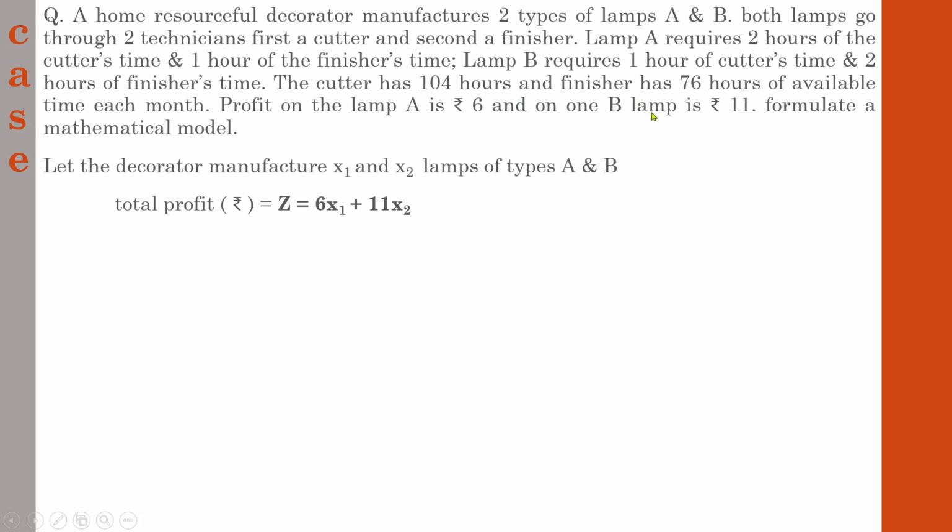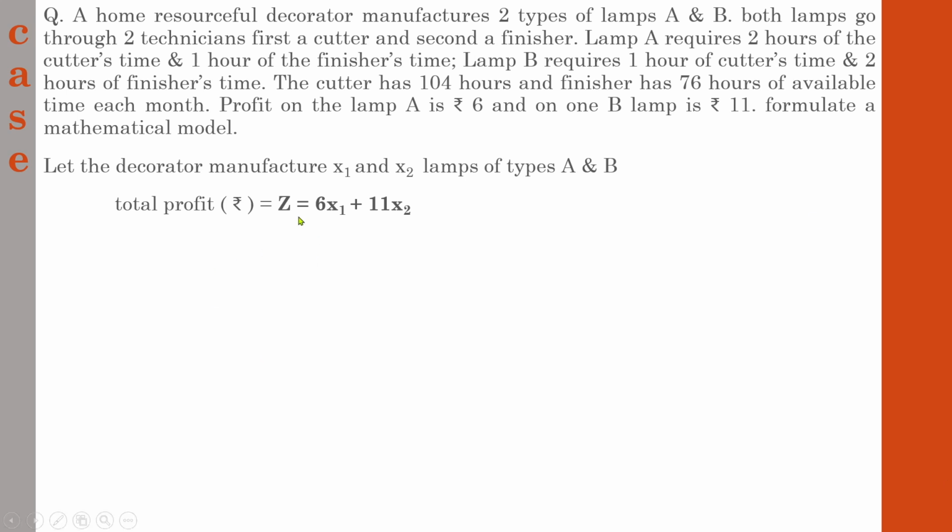And profit on lamp B is 11. We assumed lamp B to be x2, so the profit on lamp B will be 11 into x2. So if I am a producer, I get profit from lamp A 6 and lamp B 11, so my total profit will be the sum of these two profits. That is the concept.